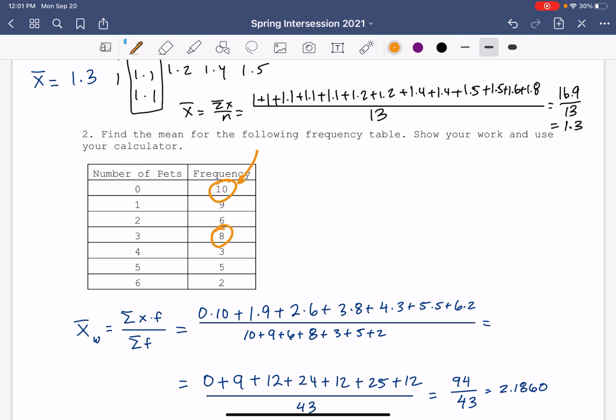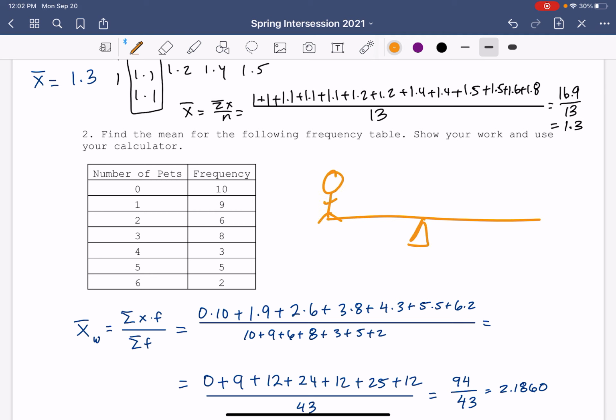It also follows the whole idea of a balance point, right? If you have kids here and there's more weight over here, let's say this is 0, and less weight over here, let's say this is 5.